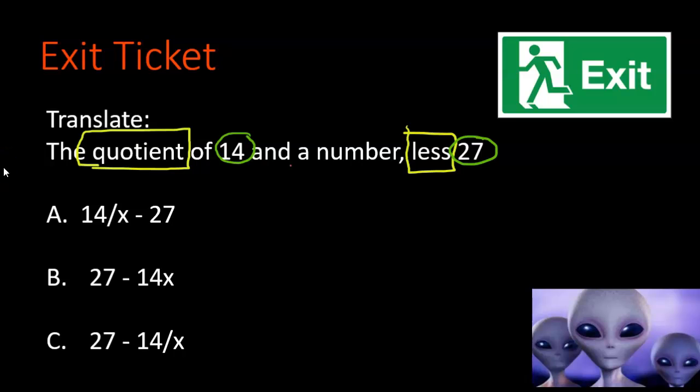Oh, a number. There's the variable right there. We're just going to call it X. Okay, so quotient means division. Less means subtract. Alright, that's all I'm going to do for you for this exit ticket. You'll have to figure out which one of these, A, B, or C, is the correct answer.